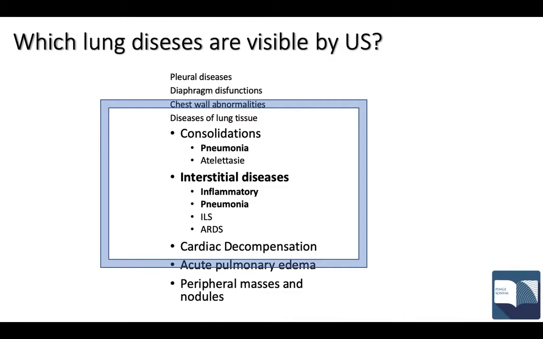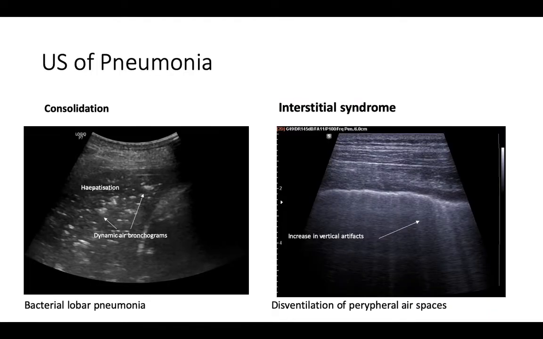What reaches the surface is explorable by ultrasound. So consolidations such as pneumonia, atelectasis, interstitial diseases from inflammatory origin, pneumonias, interstitial lung disease, ARDS, and then cardiac decompensation, acute pulmonary edema, and peripheral masses and nodules.